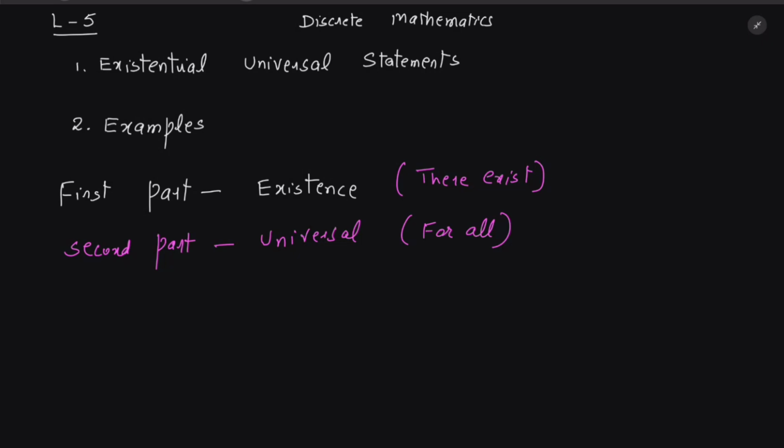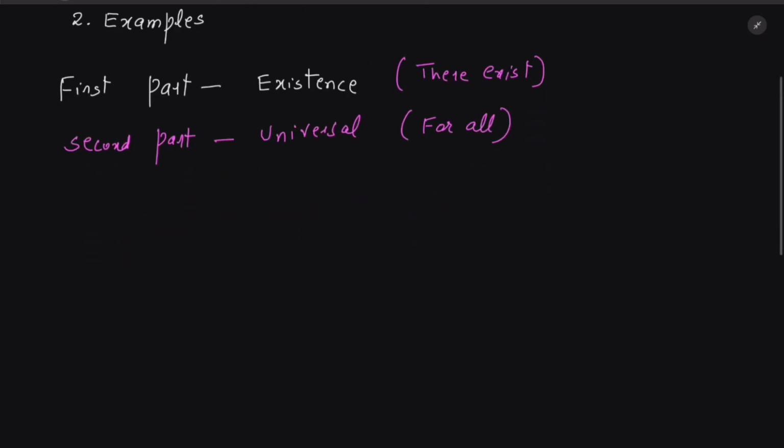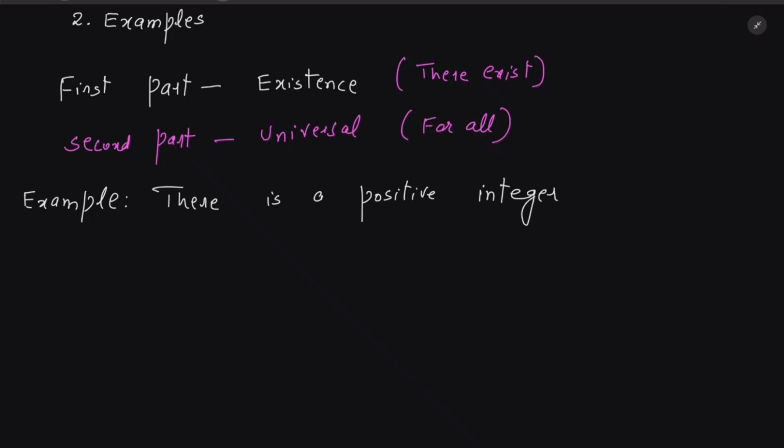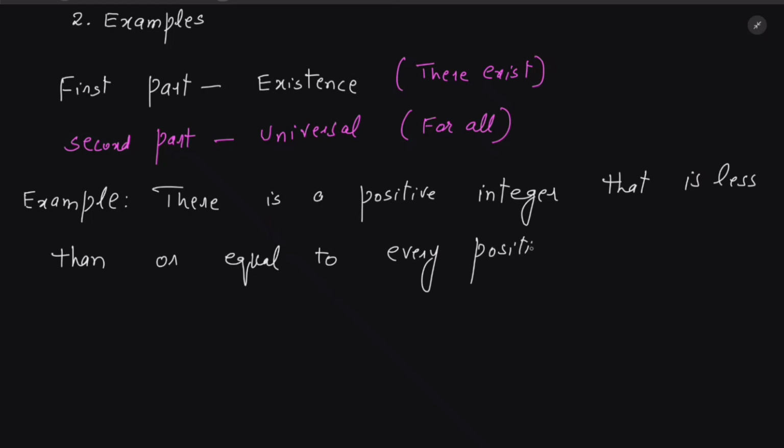Okay, let me just give you a few examples over here. The first example is: there is a positive integer that is less than or equal to every positive integer.